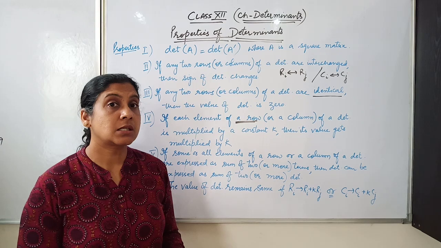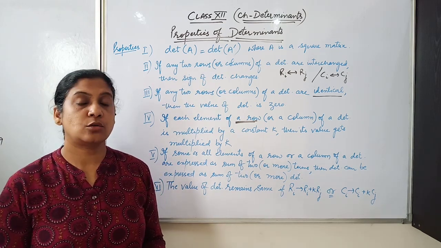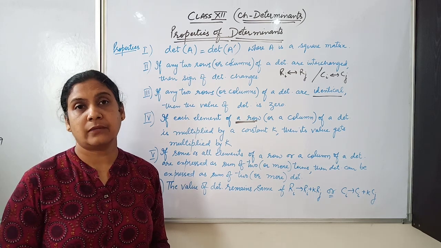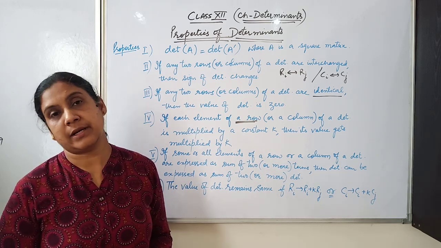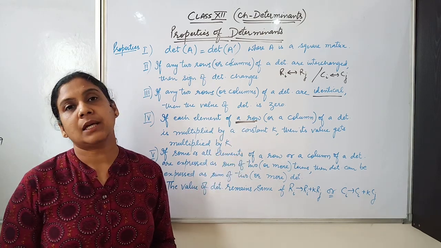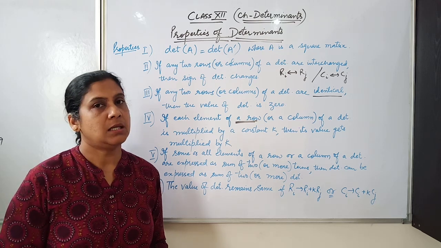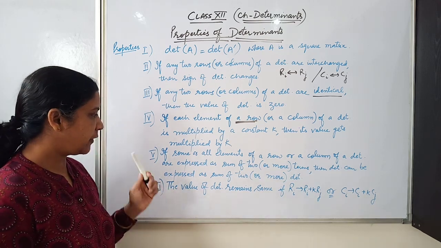If you are multiplying the first row by 5 and the second row also by 5, then the whole determinant will be multiplied by 5 into 5, that is 25. In other words, we can take a common factor out from any row or from any column.